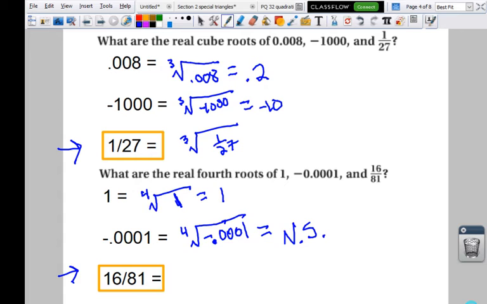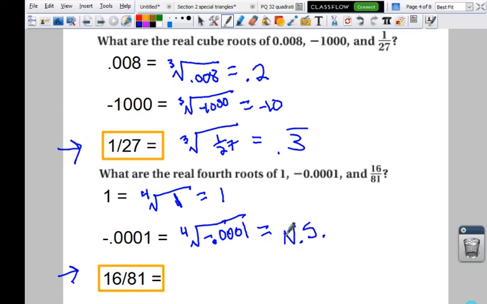All right, let's look at this first one. The third root of 1 over 27. Plug it in. Let me pick somebody random. What did you get? I got 85. Carissa, what'd you get for this one? 0.3 repeating, right?